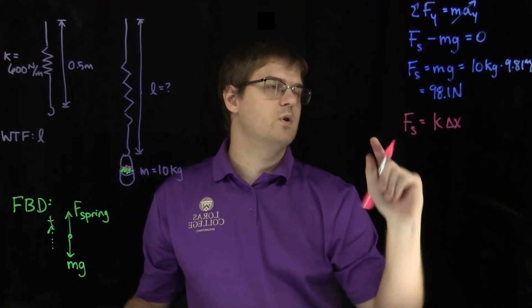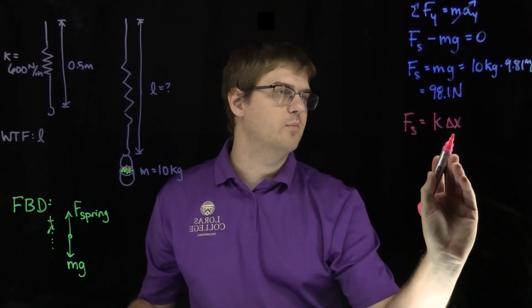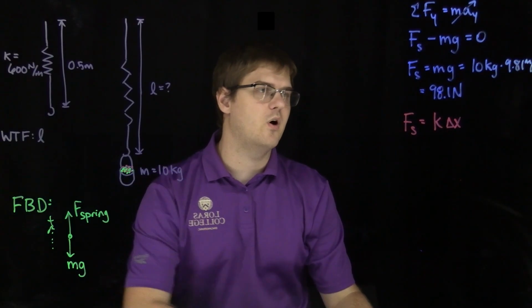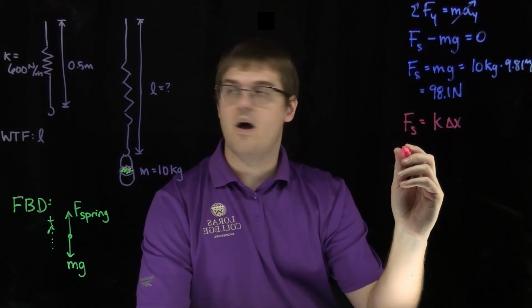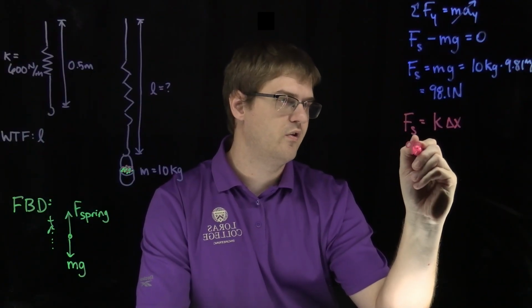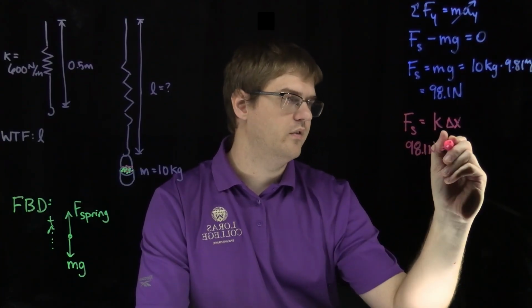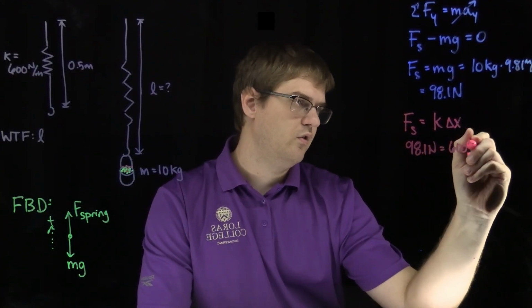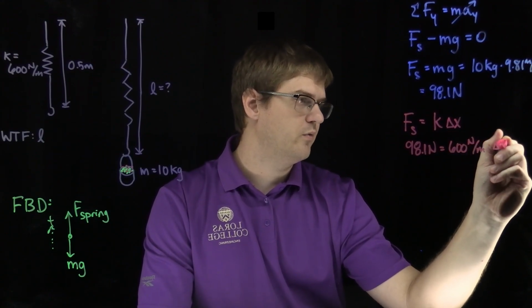So the force of the spring, I guess this would technically be y in this case, but I think that spring equation is almost always written with an x just because it is. Force for the spring is 98.1 newtons. Our K value is 600 newtons per meter. And delta x is what we're solving for.